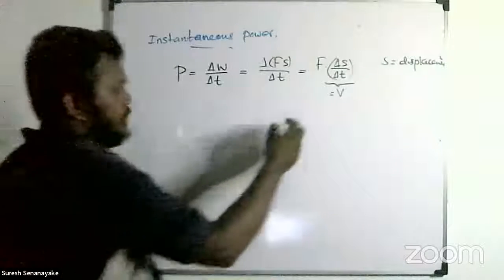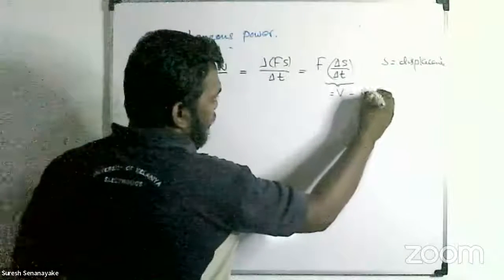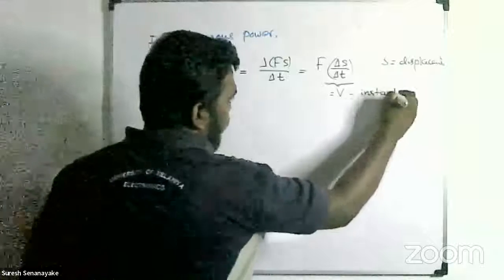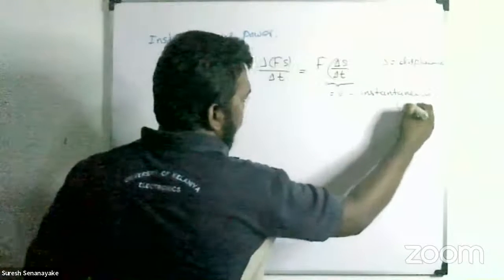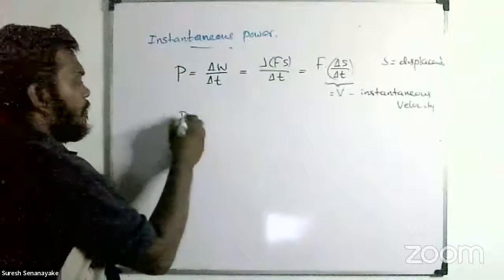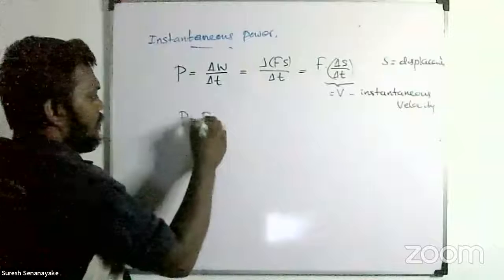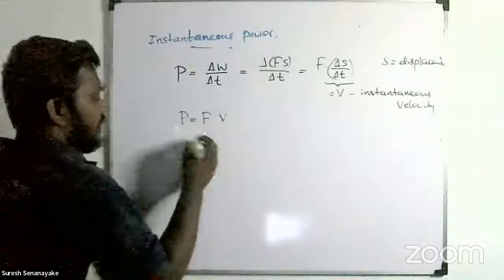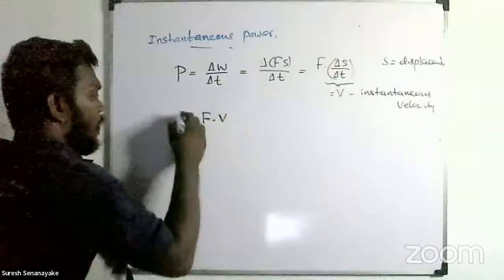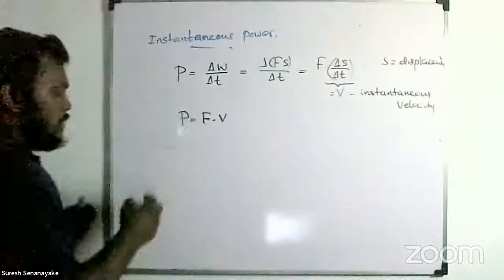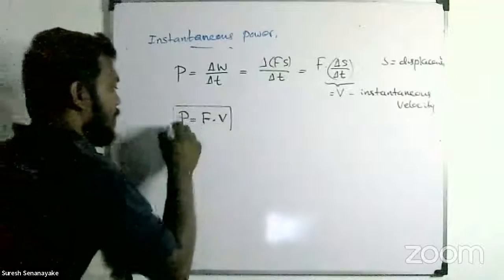So I'm writing this, that is instantaneous velocity. So then the power you can write as force multiplied by the velocity.